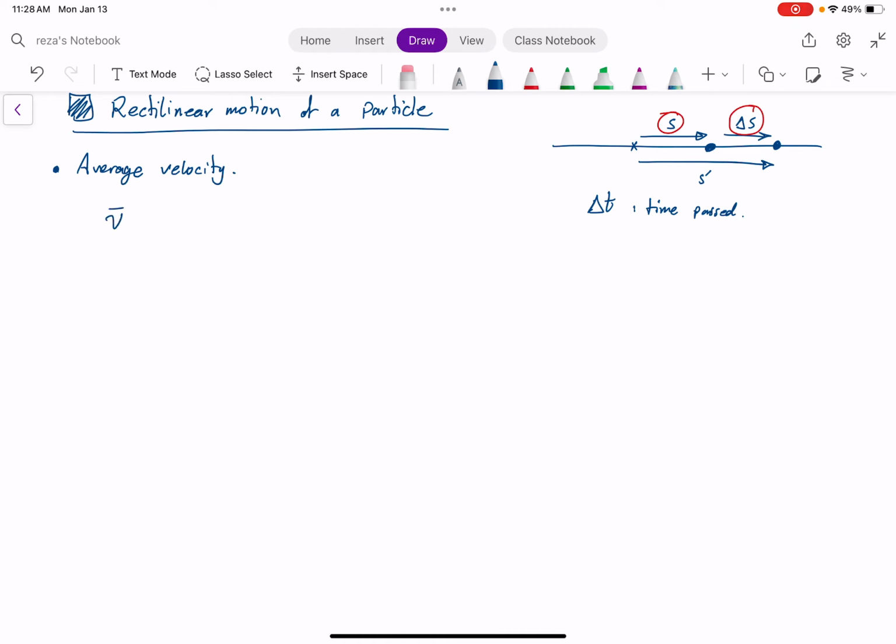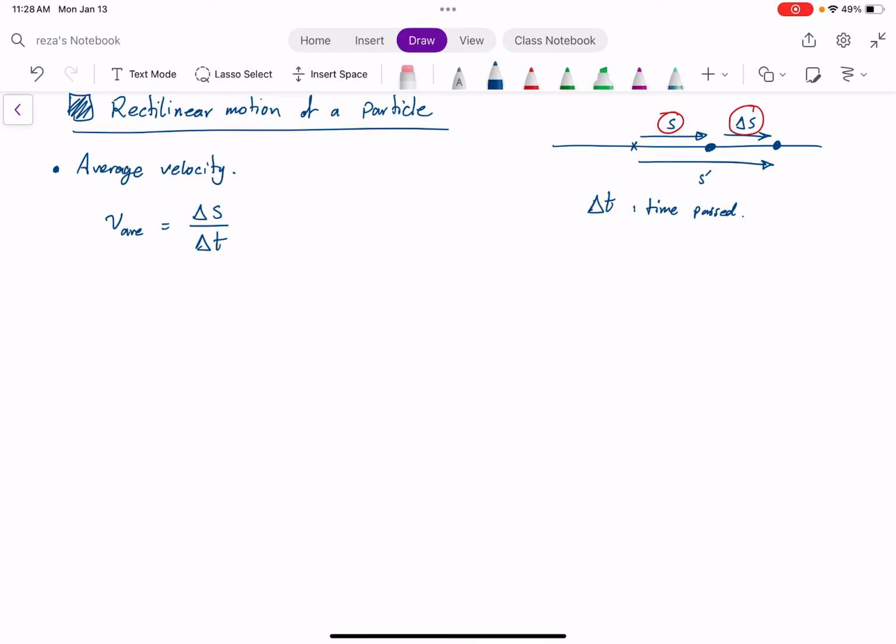Let's go with V average. We can define it as the displacement divided by time: how much we have displaced divided by how much time has passed between the two events.